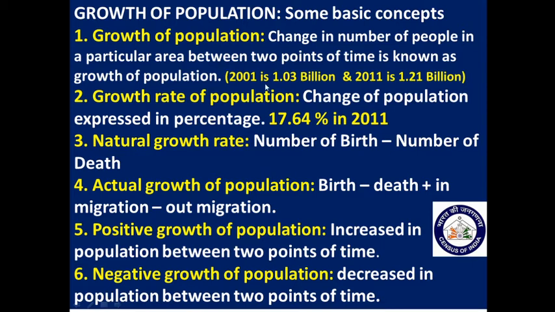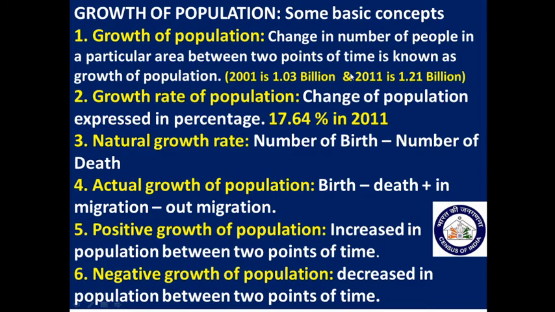So if we talk about the growth of population of India, in 2001 the population of India is 1.03 billion. And the population of India in 2011 is 1.21 billion. So there is a change in number of people between 2001 and 2011.